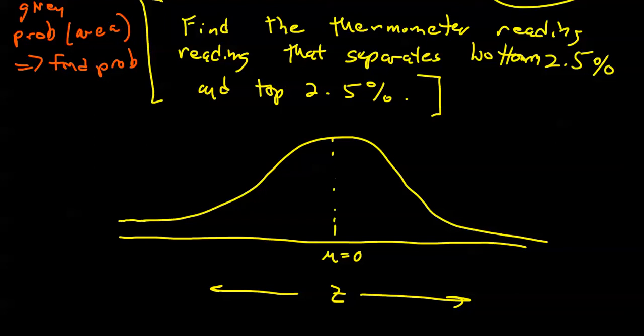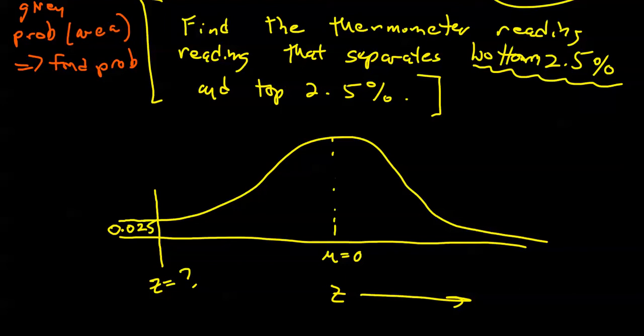I'm going to exaggerate for demonstration purposes and say that value is down here. It's some z-score, I'm not sure what, but I know that the area to the left of it is 2.5%. Now in decimal, 2.5% is of course 0.025.